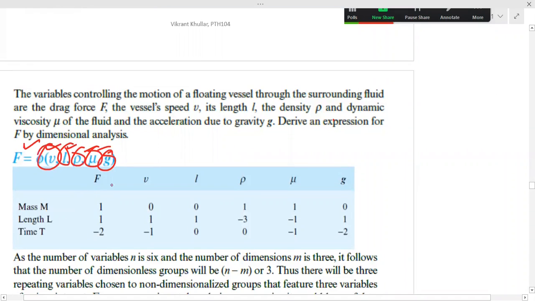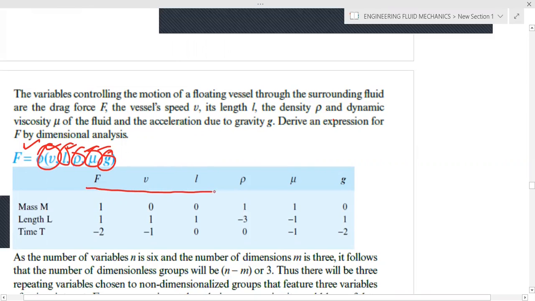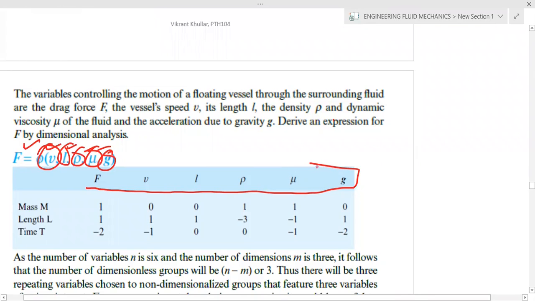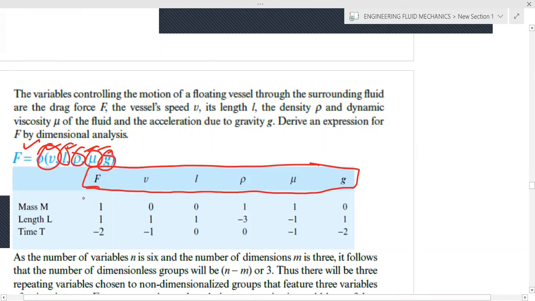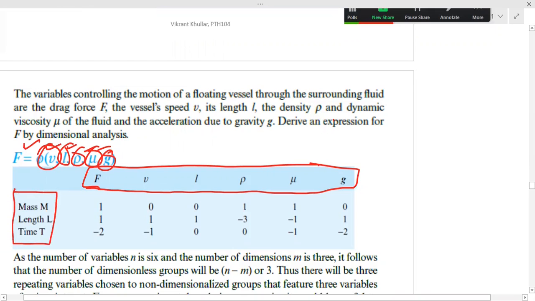So what you do, as you did in the indicial method, you write down each one of the variables in this first row and the primary dimensions in this first column, and you make this matrix that you are seeing.